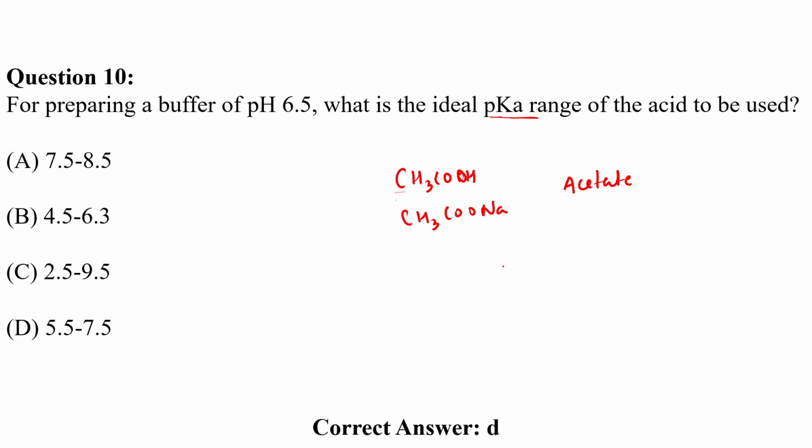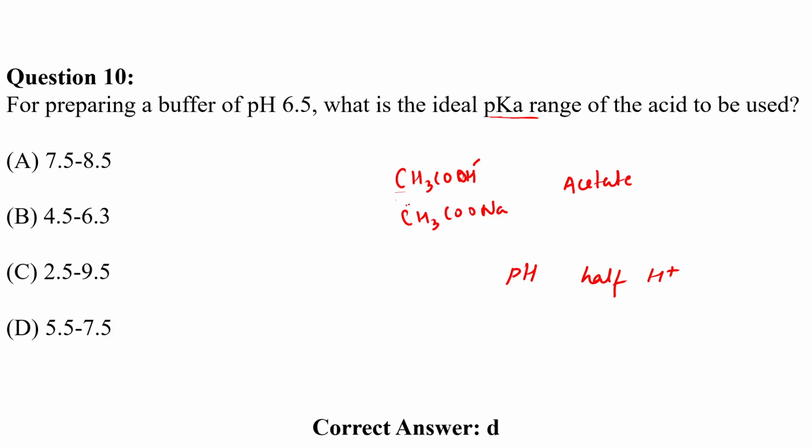I told you that 50% of protons will be ionized at the pKa value. So the pKa is the pH where we will have half ionization, 50% proton ionization, right?